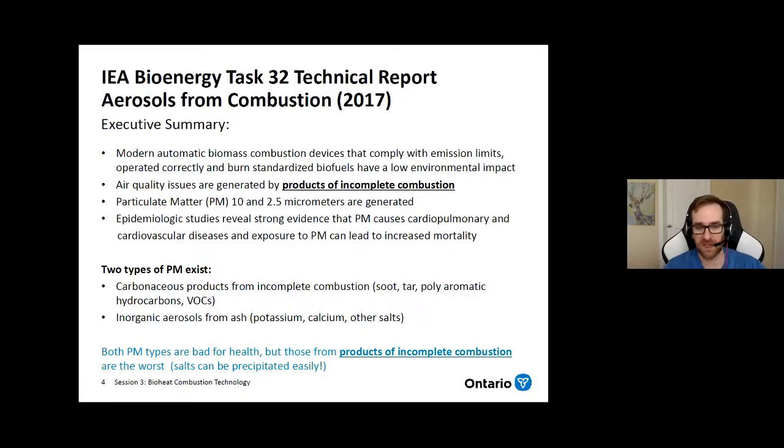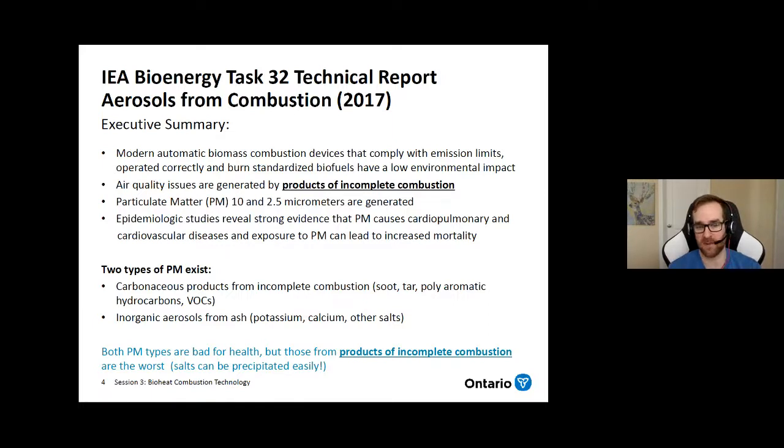Studies have also shown that it's really the products of incomplete combustion in the particulate matter that can cause disease. There are two types. The ones we just mentioned, like soot, tar, polyaromatic hydrocarbons, and volatile organic carbon, are the ones that cause major issues in the body.